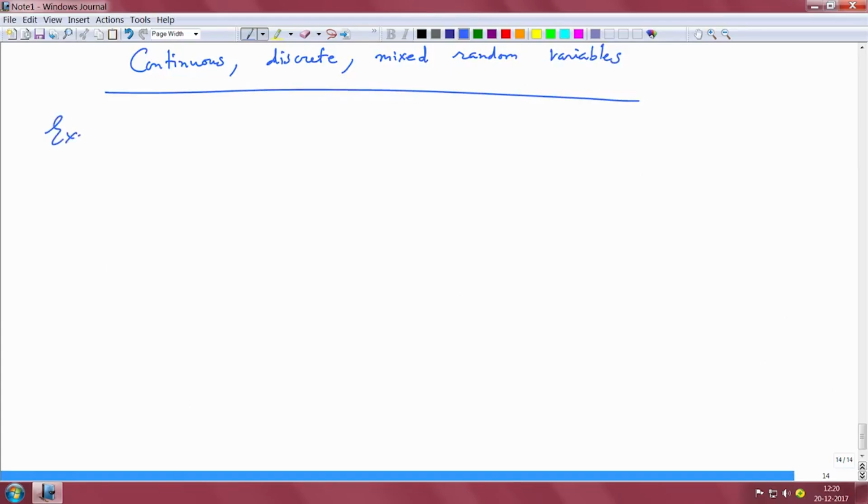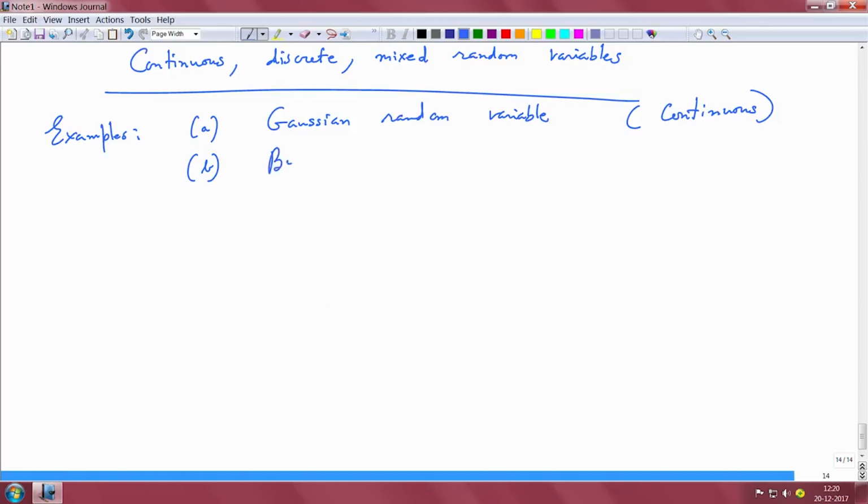So, examples: the Gaussian random variable is one example of a continuous random variable. Then, for example, the binomial distribution is an example of a discrete random variable.